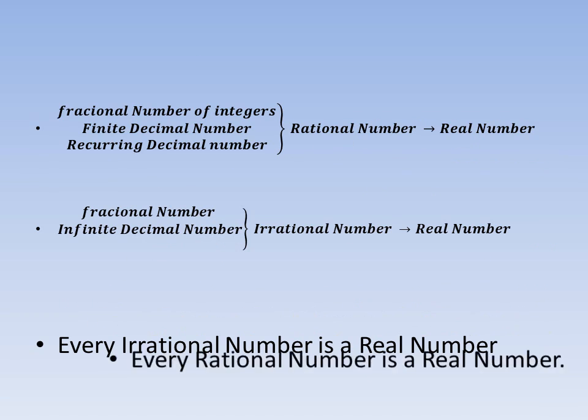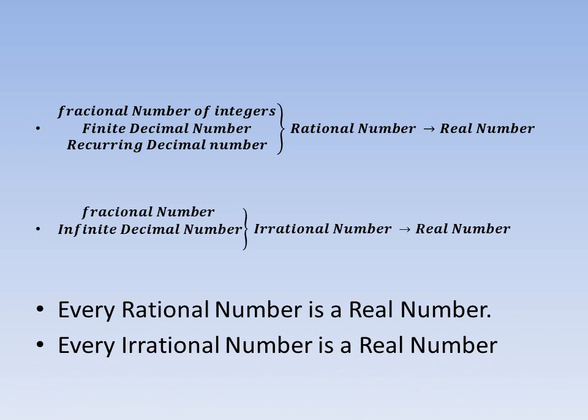So we have a result. Every fractional number of integers and finite decimal number and recurring decimal number, all of them are rational numbers, and every fractional number and infinite decimal number, all of them are irrational numbers, and every rational number is a real number, and every irrational number is also a real number.